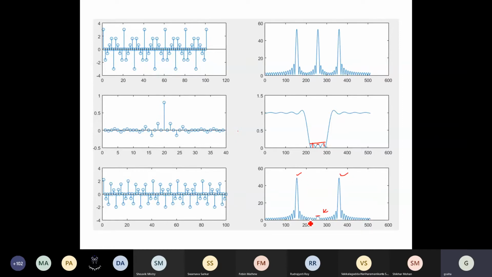But if you want this stop band attenuation below a certain value, further reduced, say this frequency band you have purchased. There is a transition that is allowed, a guard band kind of thing.